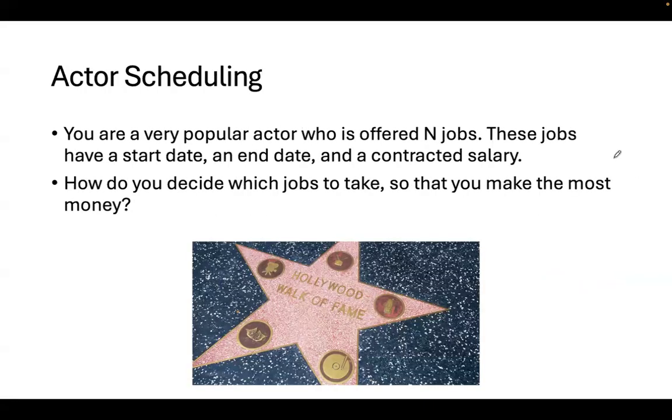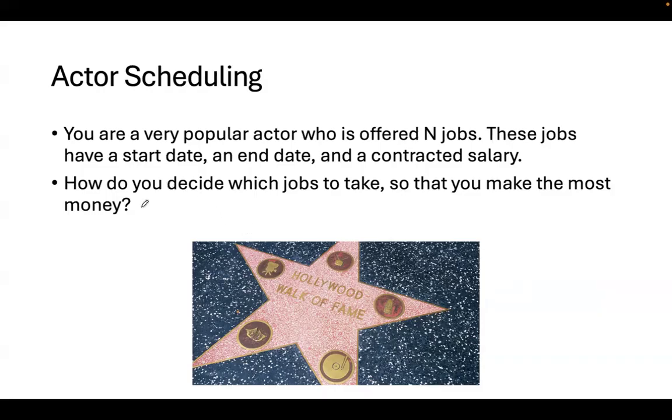just to brainstorm, which is you're a very popular actor and you're offered N jobs. And these jobs have a start date and an end date and some salary. And you want to figure out which jobs are you going to take so that you make the most money.